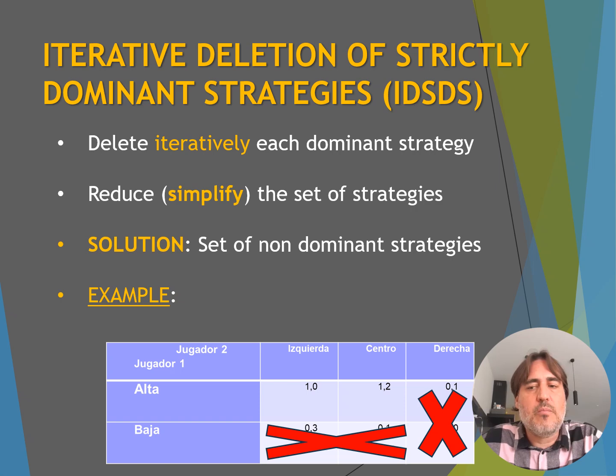Consequently, the column player can deduce that the row player will not play down. Therefore, the best option for the column player is then to play center. We have thus arrived at a single prediction, up and center, using what is known as the iterative deletion of strictly dominated strategies.